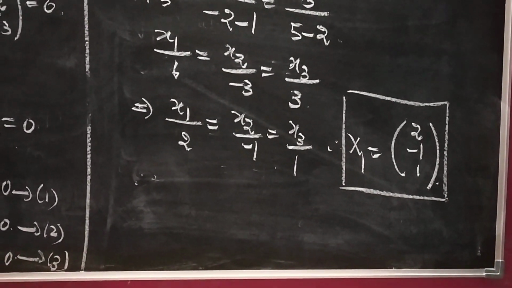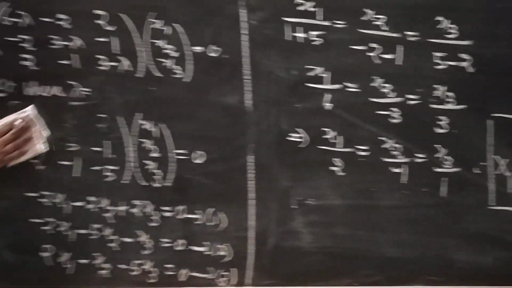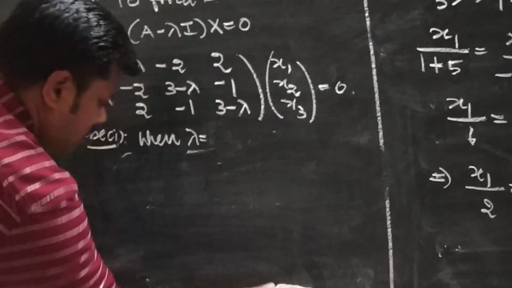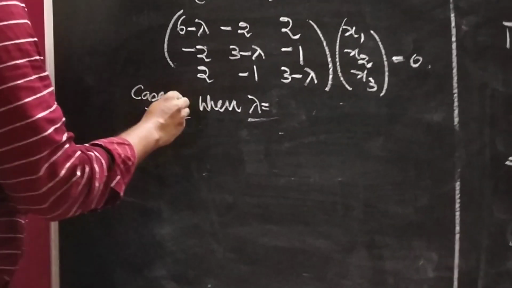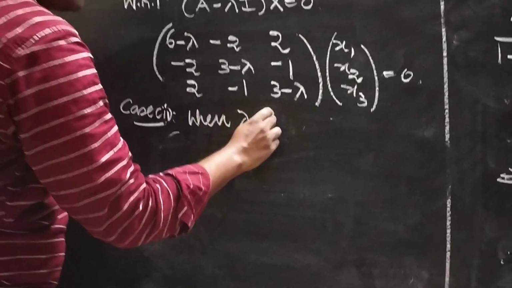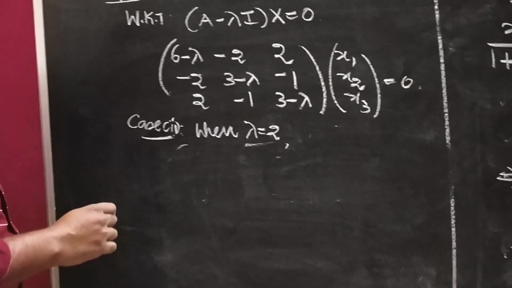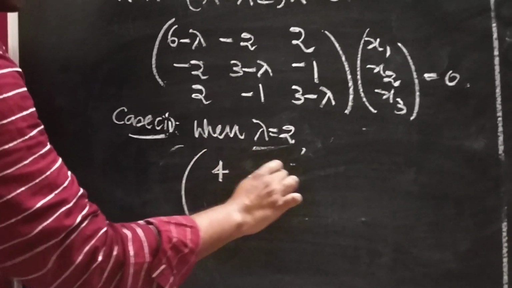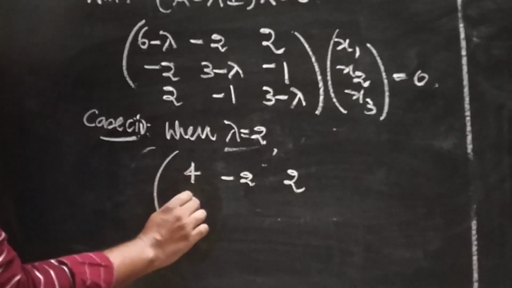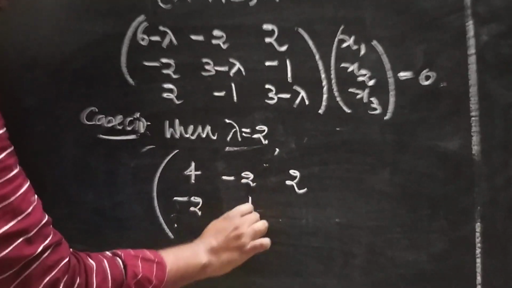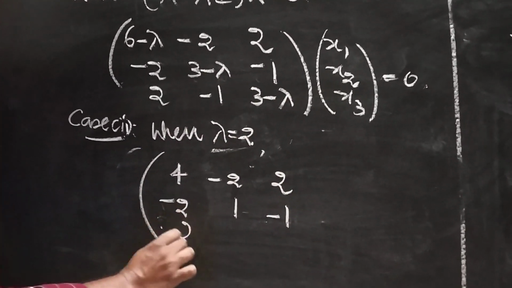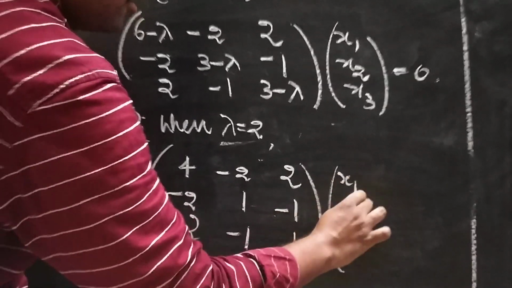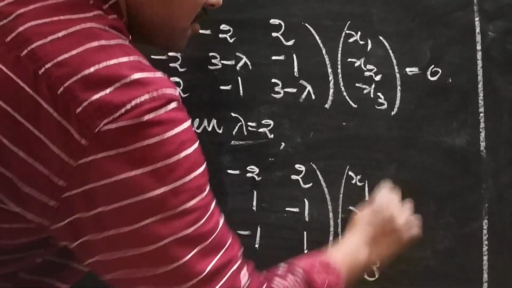Then case 2, when lambda equal to 2. So put lambda equal to 2, we get 6 minus 2 is 4, minus 2, 2, minus 2, 3 minus 2 is 1, minus 1, 2, minus 1, 3 minus 2 is 1, into x1, x2, x3 equal to 0.